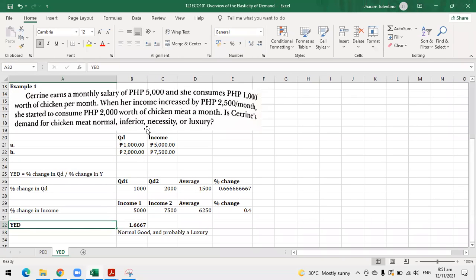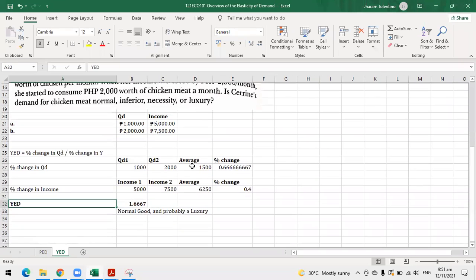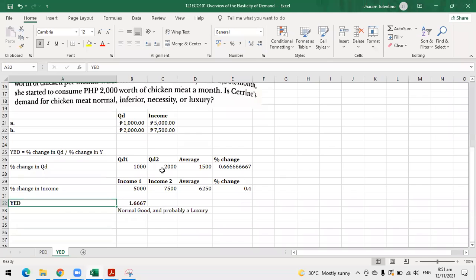So kay Serena, yung chicken is actually a luxury. So is it a good news para sa mga nagbebenta ng chicken? Yes. Good news yan para sa mga nagbebenta ng chicken kasi yung item nila, the moment na nagkaroon ng increase in the income yung mga customers nila, and if they view it as a normal good or probably a luxury item, then mas dadami ba yung kanilang sales? The answer is yes.